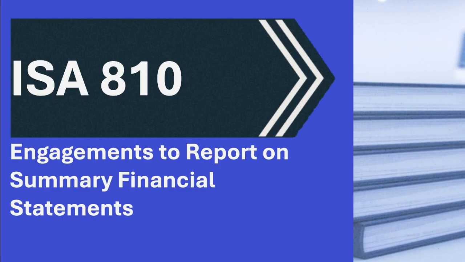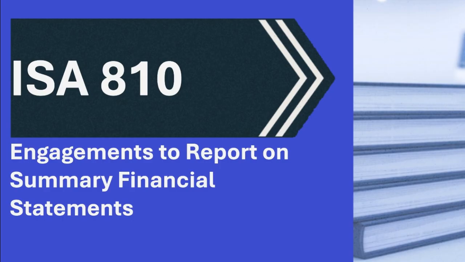Okay. What about when these summary statements aren't just out there alone? Say they're part of a bigger document, like an annual report. Does the auditor need to worry about the other stuff in there? Yes, they do. Paragraphs 14 and 15 talk about information in documents containing summary financial statements. The auditor's got to read that other information. They're looking for major clashes, inconsistencies between that other info and the summary statements, or even the original audited statements.